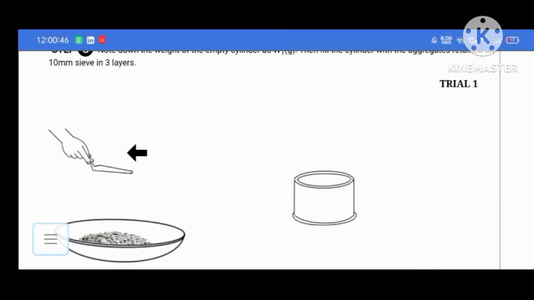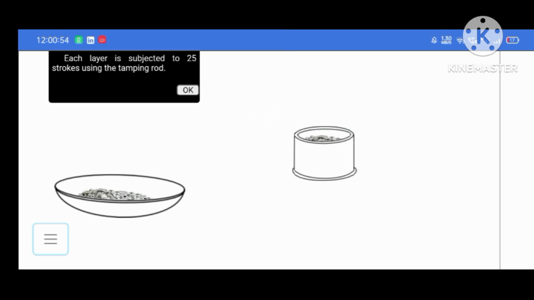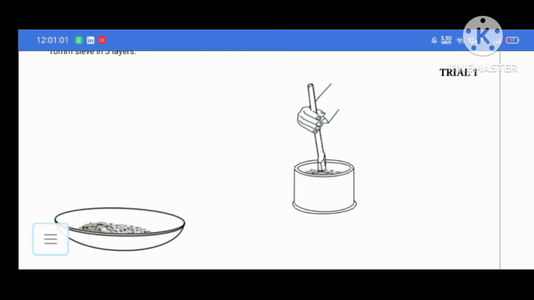Okay, you are right. So fill the mold in 3 layers. Each layer is subjected to 25 strokes using the tamping rod. Now tamp it 25 times. Again repeat this process for 3 layers.